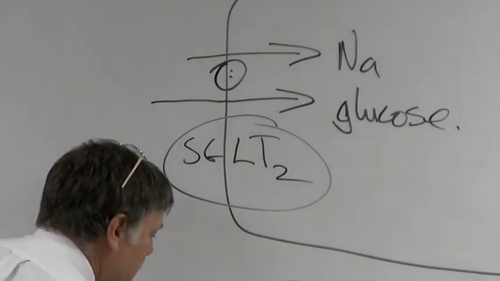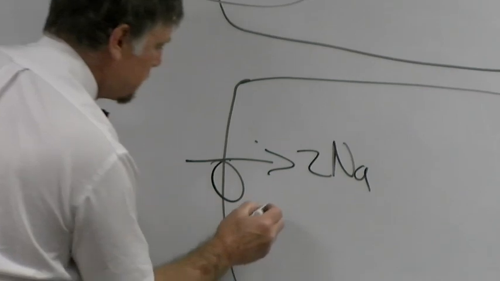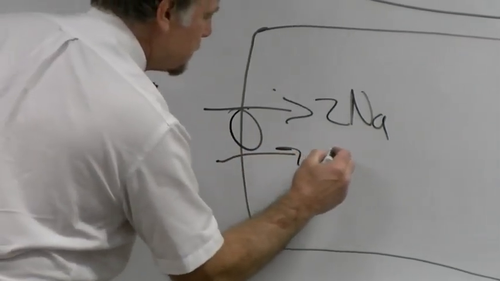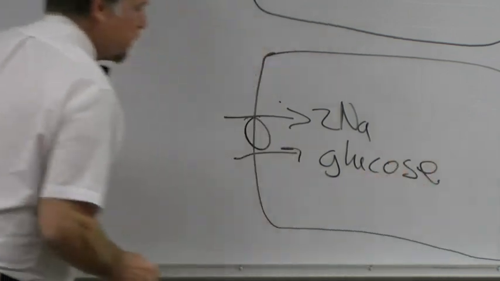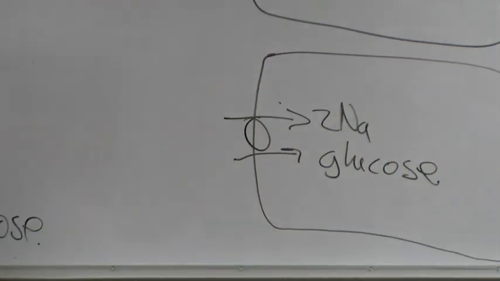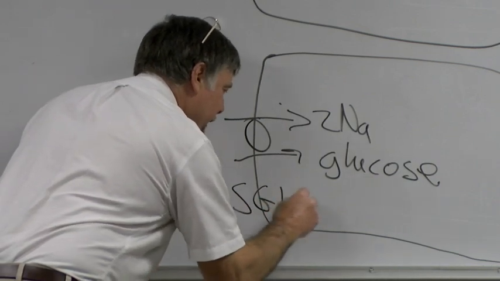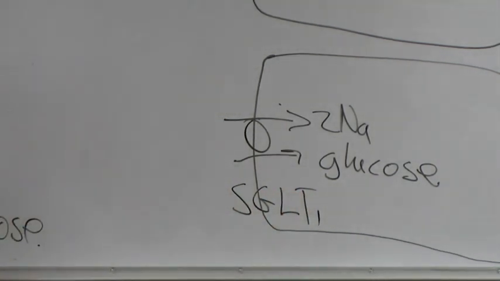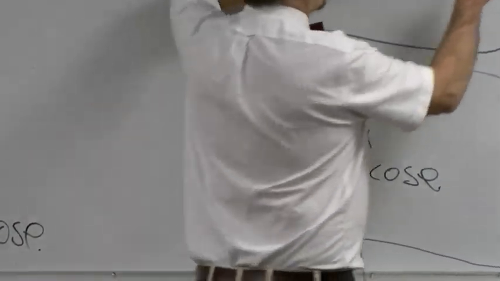Down here, you have another glucose transporter. It's slightly different, SGLT1. Glucose concentration is high here.